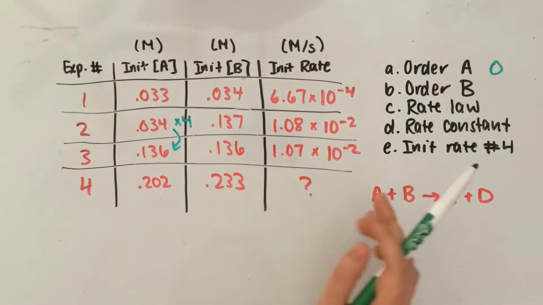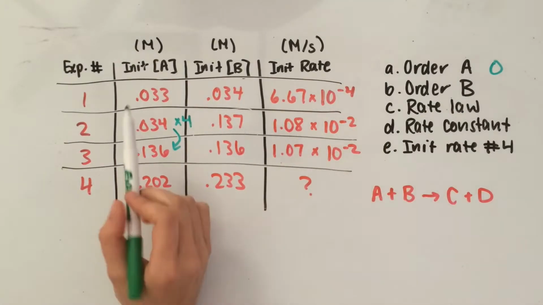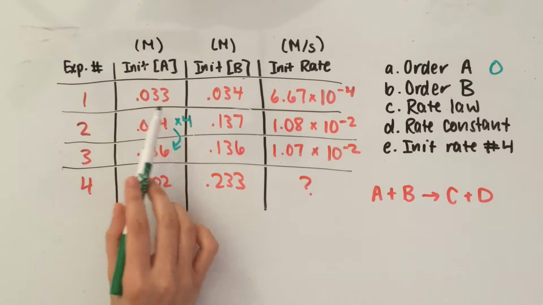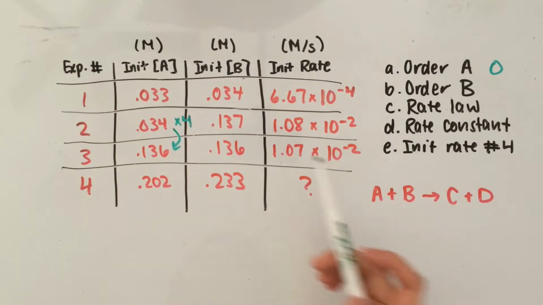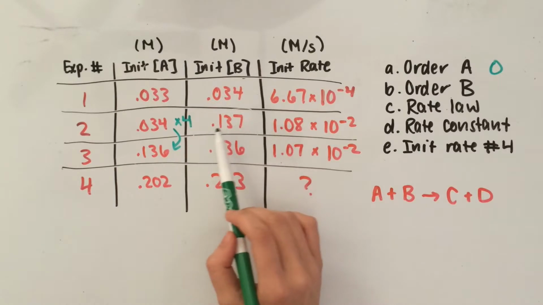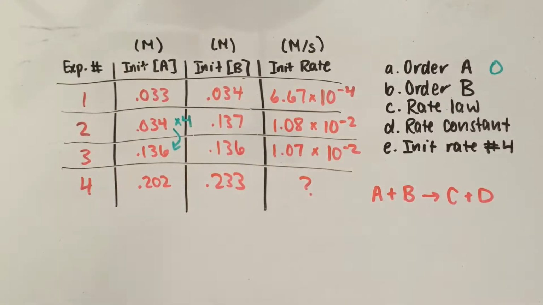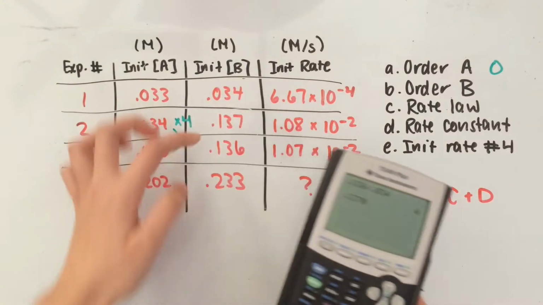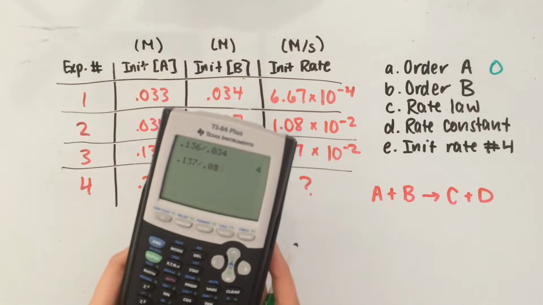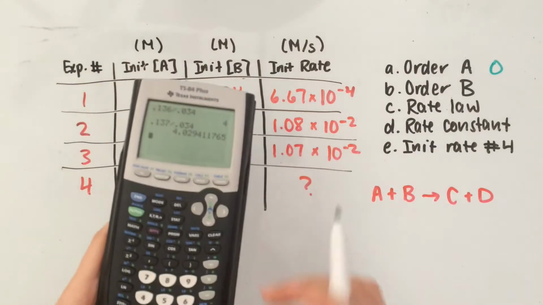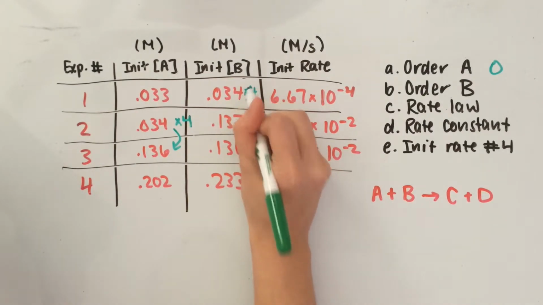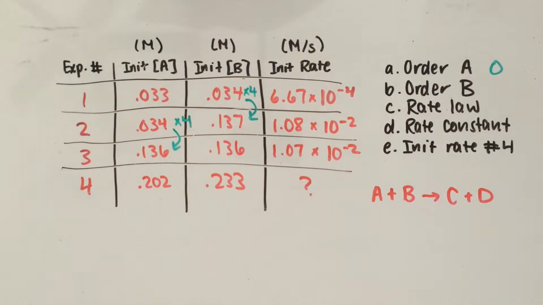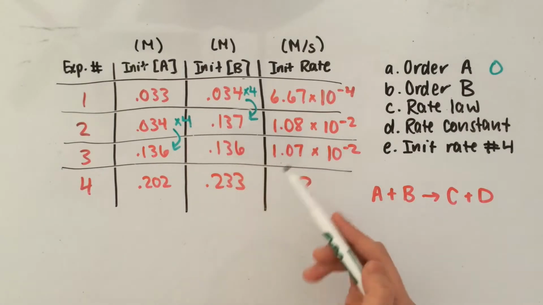Now we have to find two experiments where A is being held constant. I see experiments 1 and 2, because this change in concentration is almost nothing. So let's see what happens when we do 0.137 divided by 0.034. That gives us about 4 again. So we're multiplying 0.034 by 4 to get 0.137.